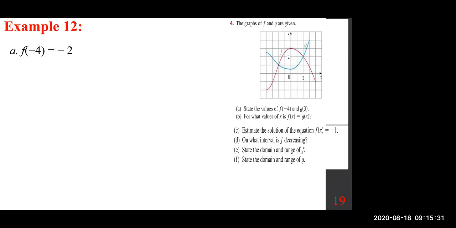Just for the sake of argument, remember f is the red one. Maybe I shouldn't use the blue color. Let me pick a different color. So f of -4, that's the point that we are referring to.